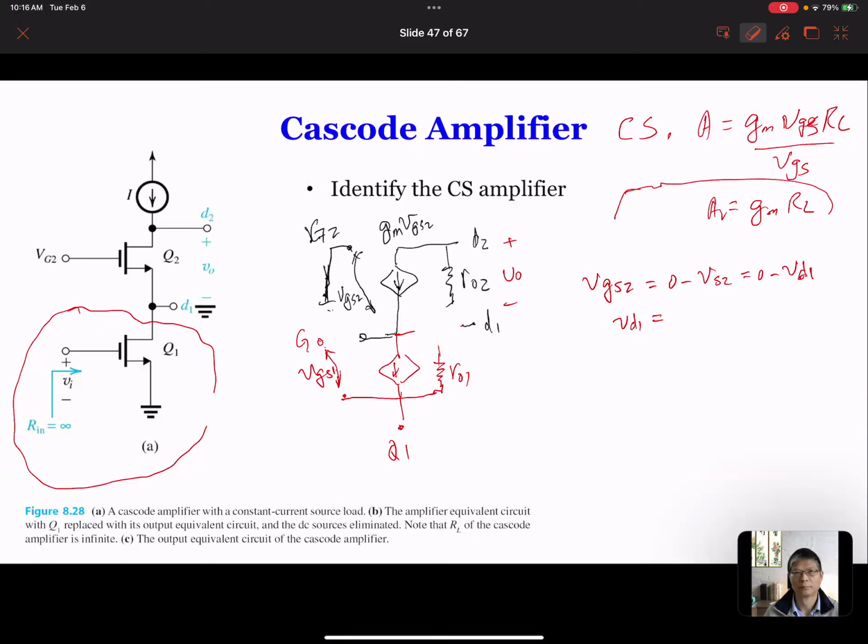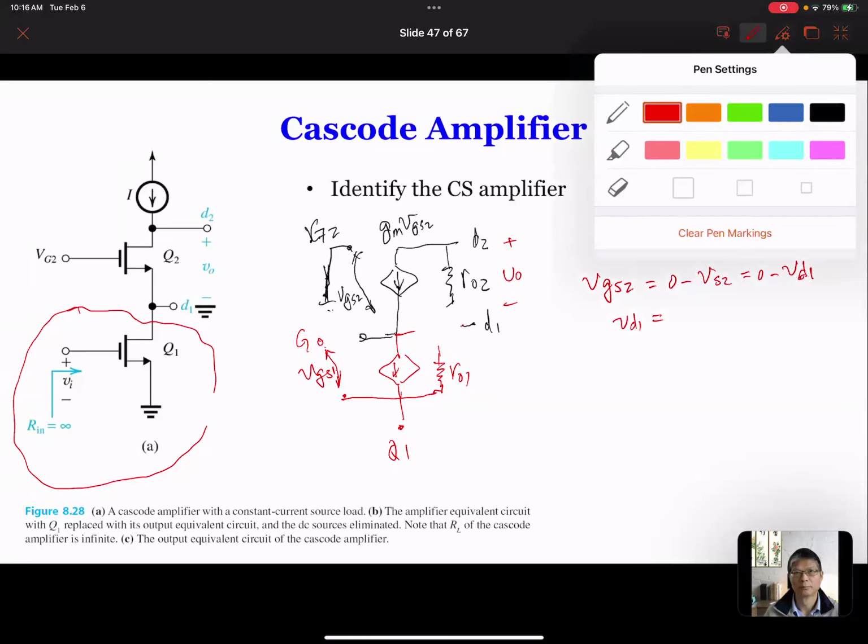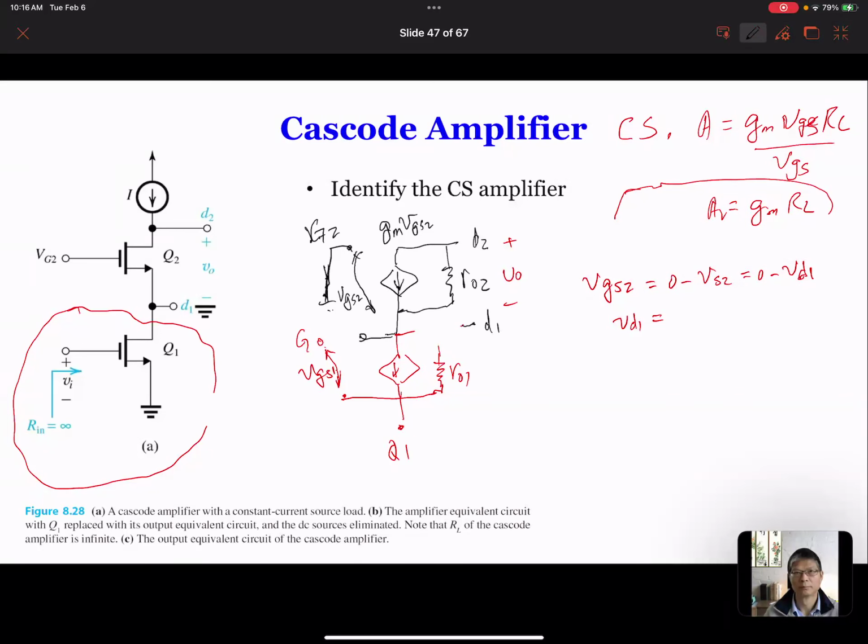So we'll make it, so that's Q, and that's Q1. So we can see that basically we can get VD1 is equal to the current through this, which is gm1 times VGS1 times ro, and then give it a minus sign.